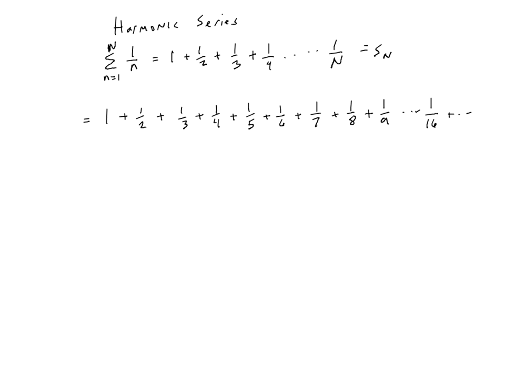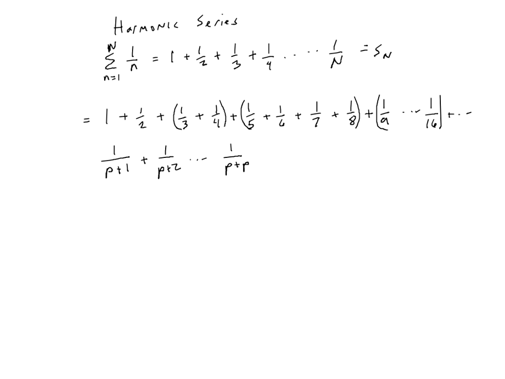If I put these two terms together, these 4 terms together, and these 8 terms together, then each one of these brackets looks like 1 over p plus 1 plus 1 over p plus 2, all the way up to 1 over p plus p, where p is the number of terms in the parentheses.